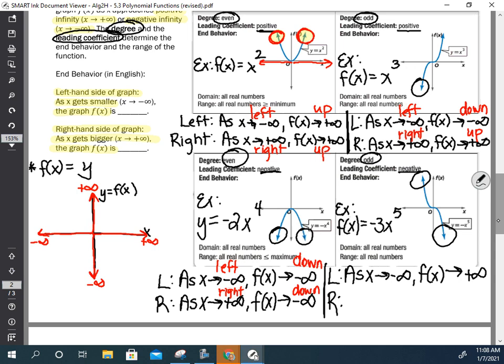What about on the right-hand side? What's the graph doing? It's pointing downward. So as x goes farther to the left, the graph is just going to keep going up. If x goes to the right, the graph is going down.